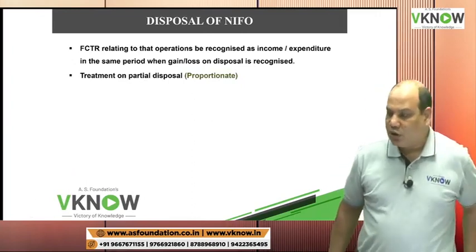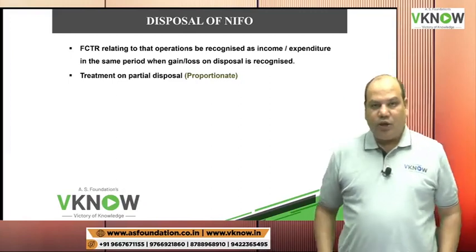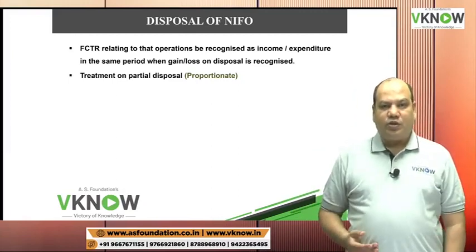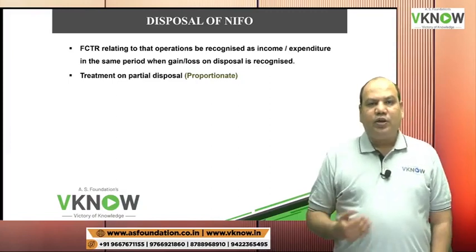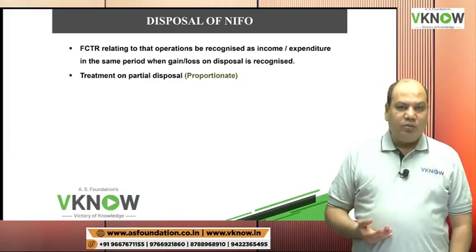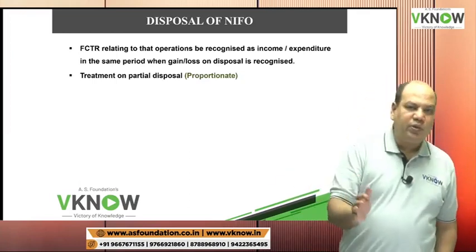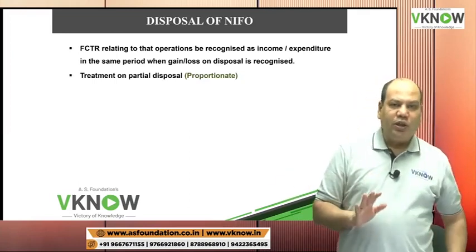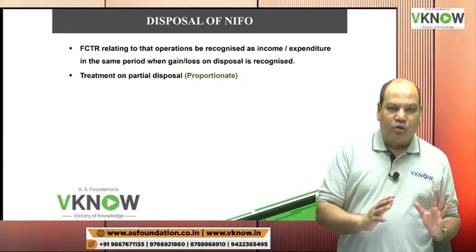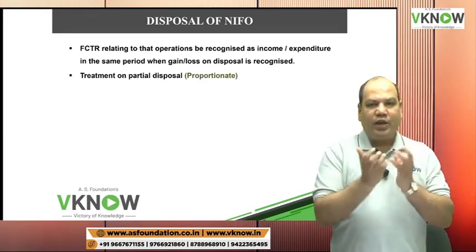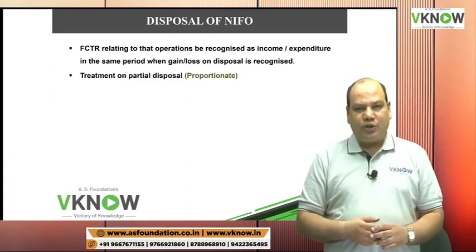The logic is, now you are understanding the logic. In FCTR or in non-integral, we are a passive investor. So we recognize the gain due to exchange fluctuation only when the investments are sold. Till the time investments are not sold, we do not route it through P&L account, rather we accumulate it in FCTR.